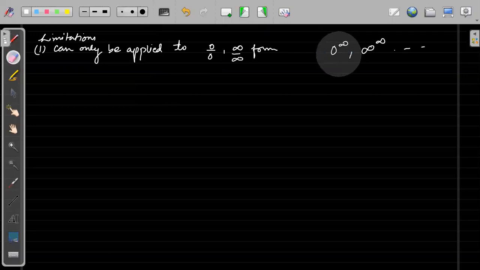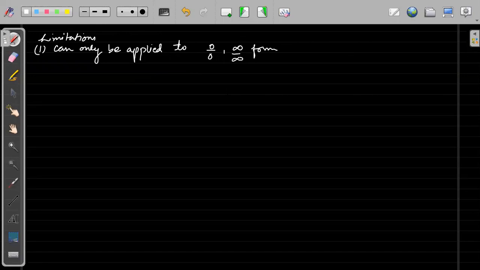For any other form it cannot be applied. So only these two forms. So it has limitations; it cannot be applied to all questions.